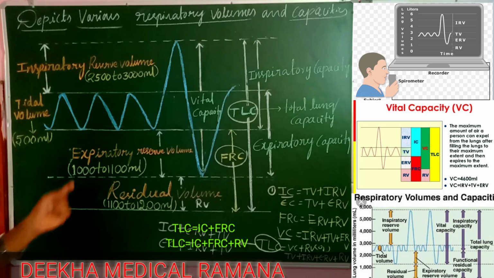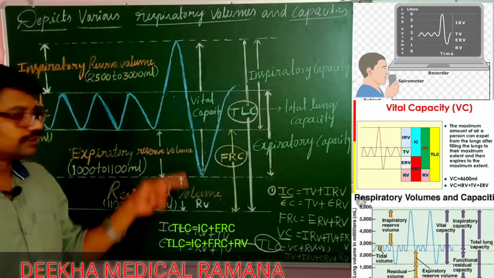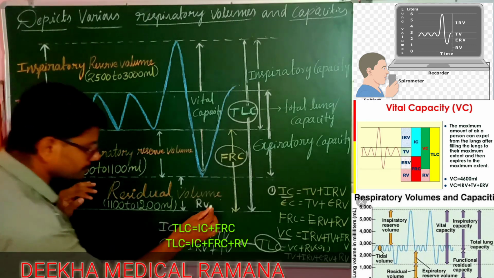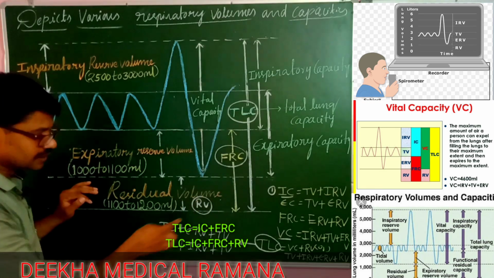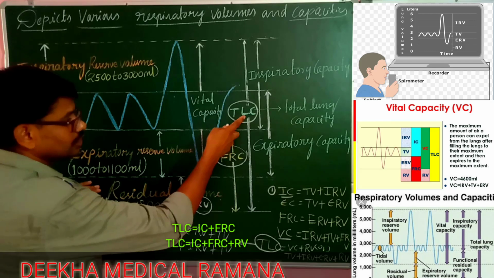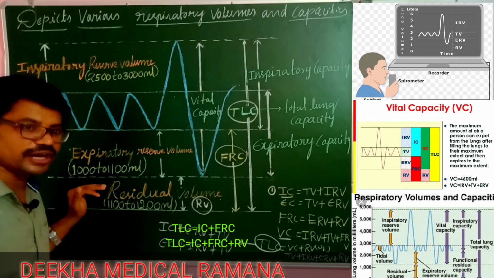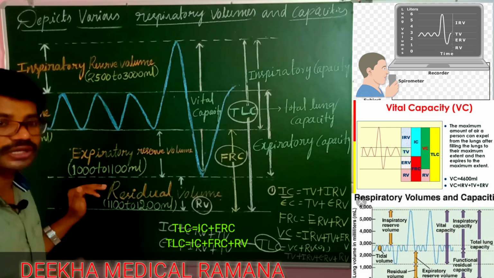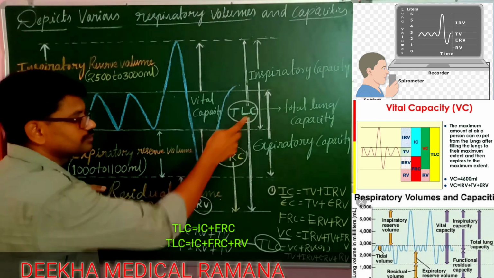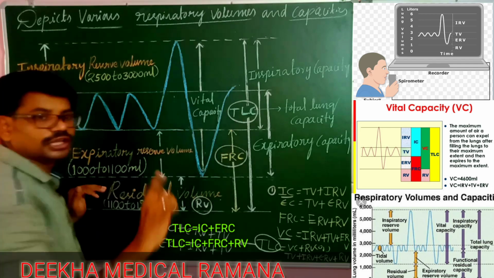Why can we not measure these by spirometer? Because of the presence of residual volume. Residual volume is present in the functional residual capacity as well as the total lung capacity. So that residual volume we cannot find with the help of the spirometer. Where the residual volume is included, that also we cannot find: the functional residual capacity and total lung capacity, right?